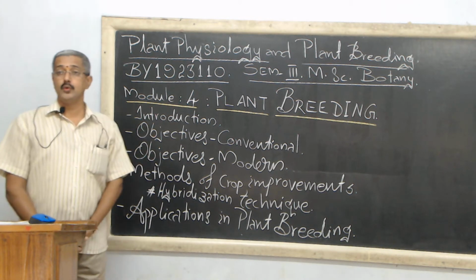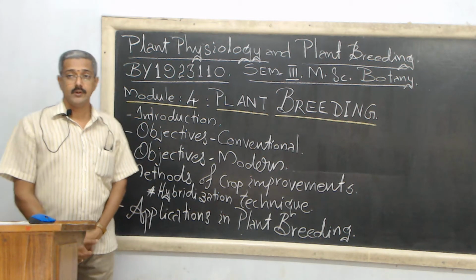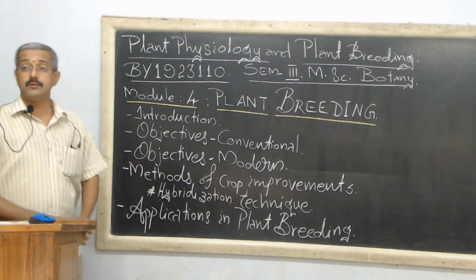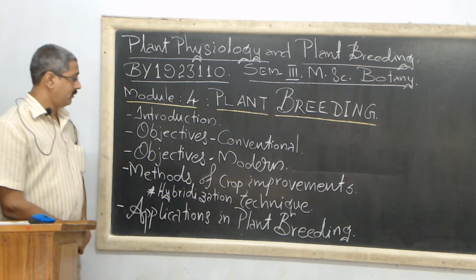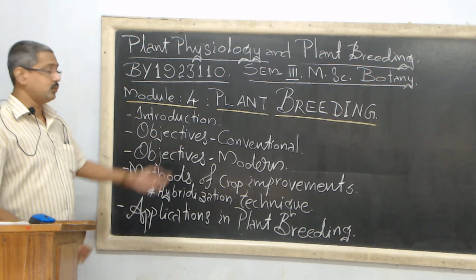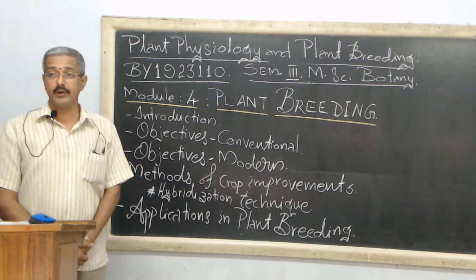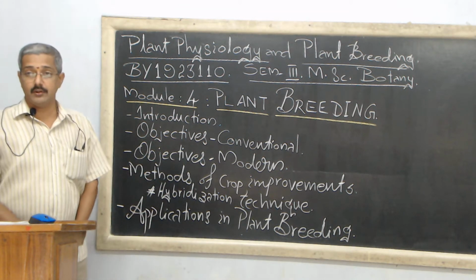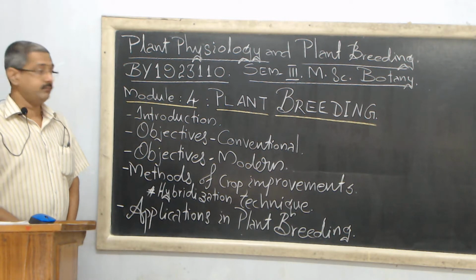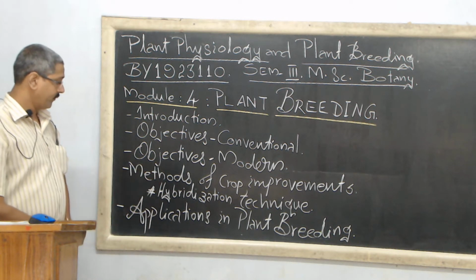the introduction to plant breeding, then the objectives, that is the conventional approach to the objectives of plant breeding and the modern concept in the objectives of plant breeding.